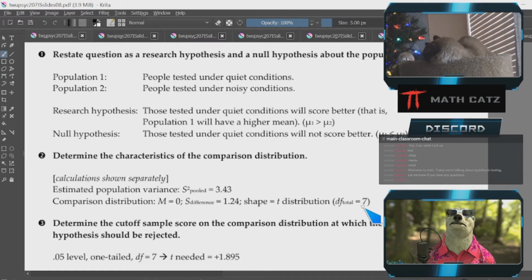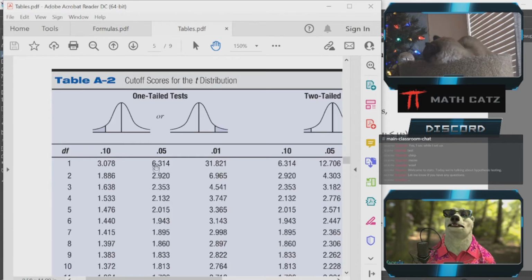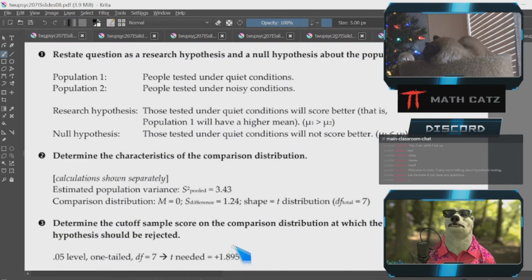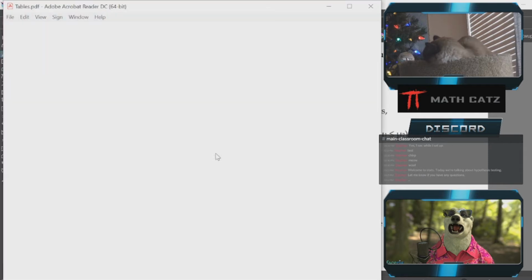Our degree of freedom is 7, 5% alpha. Let's go check. Oops, that's a table here. One-tailed, 5%, 7, 1.895. So these variance formulas, before I forget, are, oopsie, I pressed too many things at once.